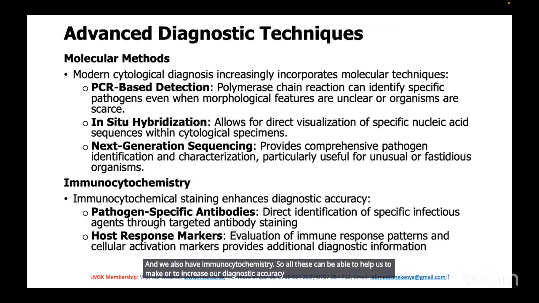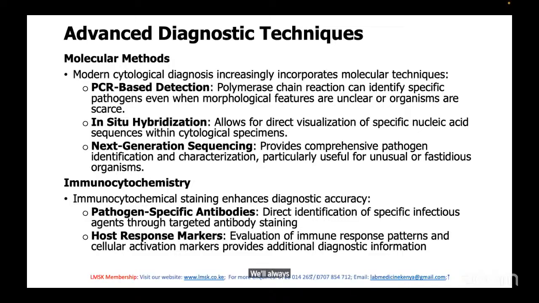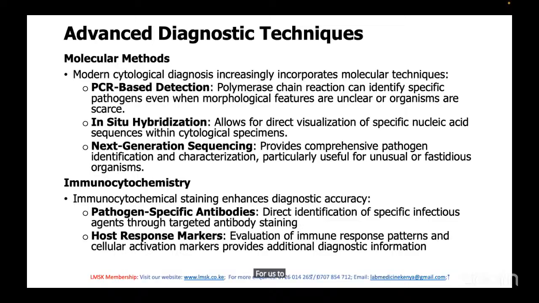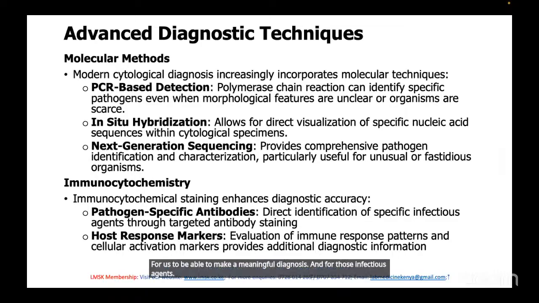So if we want to improve on the diagnostic accuracy, we will always incorporate other molecular techniques or immunocytochemistry techniques to be able to make a meaningful diagnosis. And for those infectious agents, we can also use microbiological techniques.